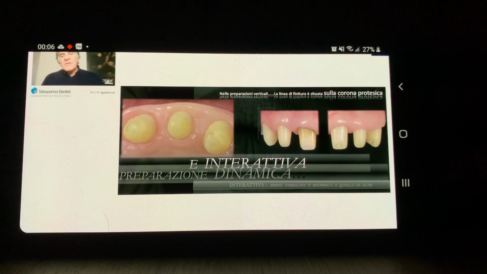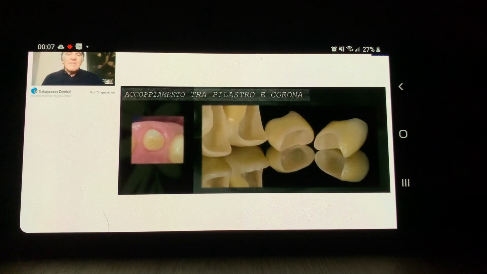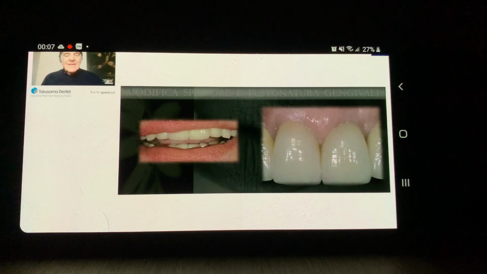And this is possible because in vertical preparations, the finish line is not on the tooth, it is on the crown. So we can modulate it in a different way. You see here, vertical restorations where the emerging volumes and the line are only on the crown.